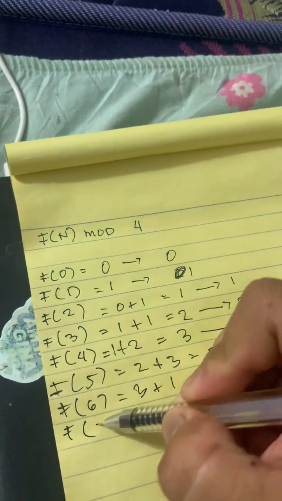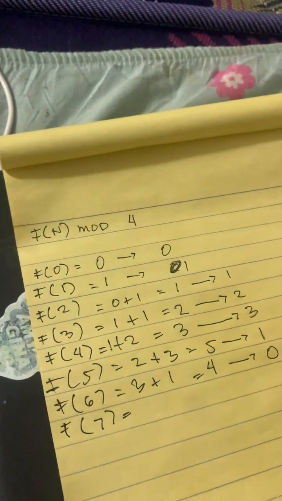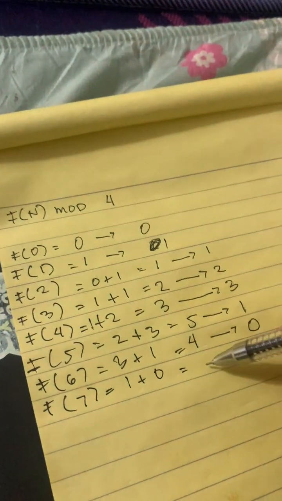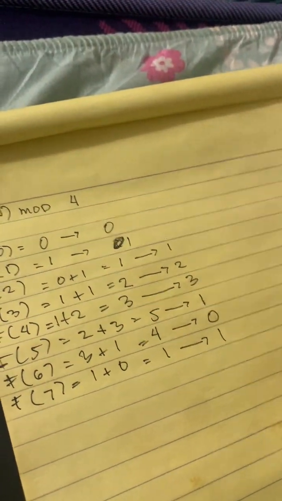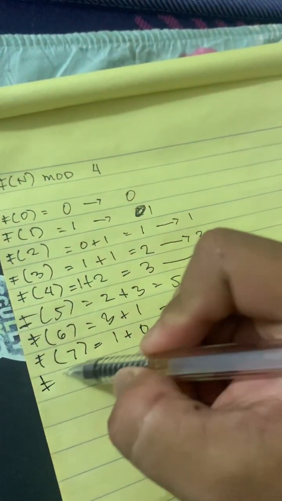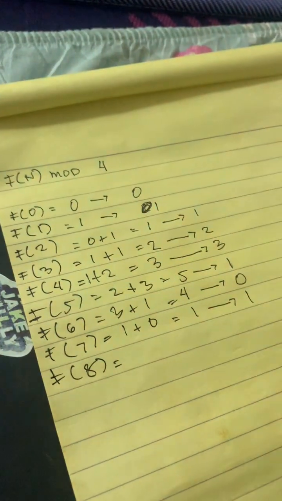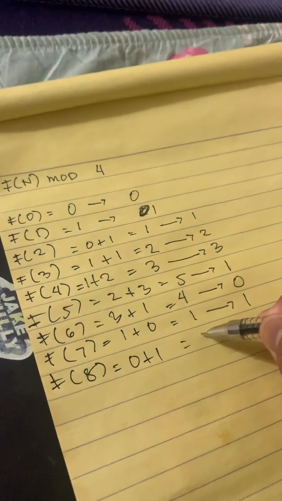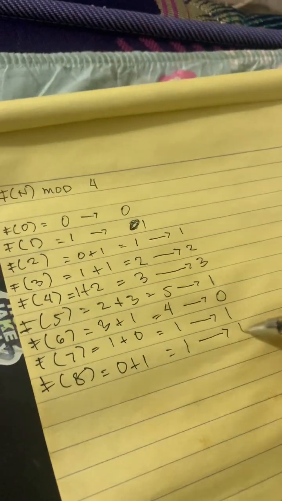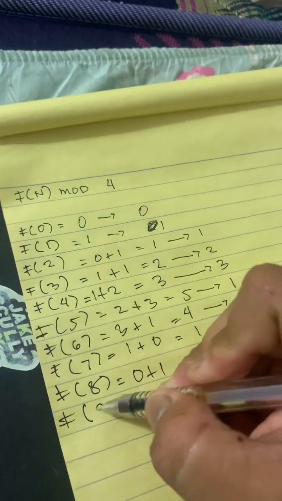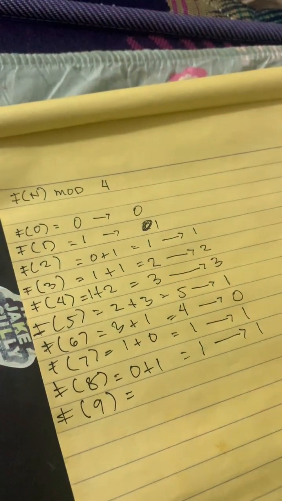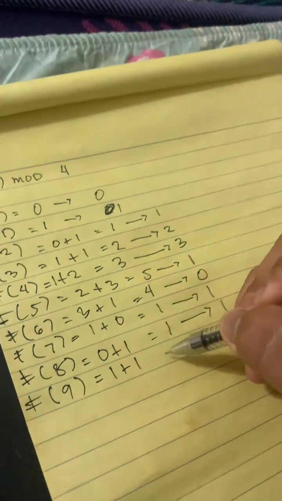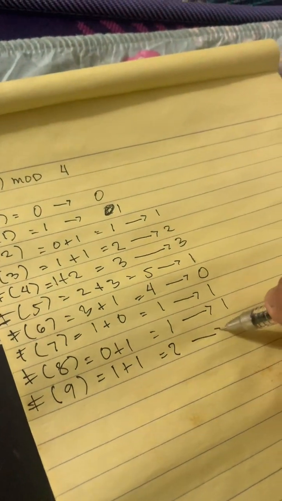F sub 7 is equal to 1 plus 0, which is 1. F sub 8 is equal to 0 plus 1, which is 1. F sub 9 is equal to 1 plus 1, which is 2.